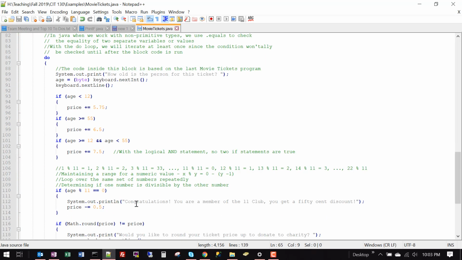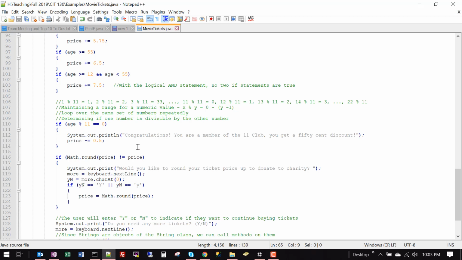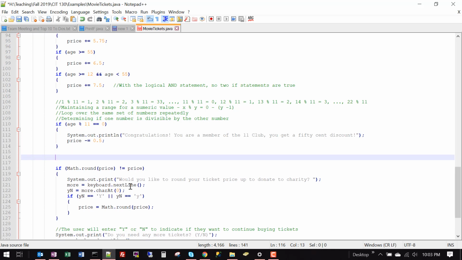If I want to be complete here, what I would want to do is take the discount probably before we round. So let's just do price times equals 1 minus discount.